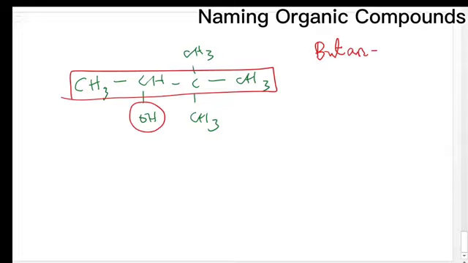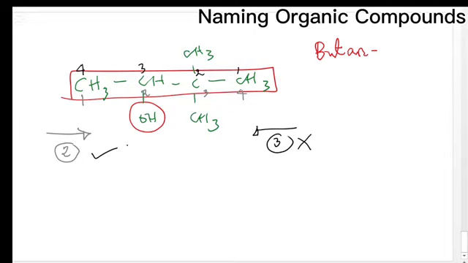If I take the position from left to right, this is carbon 1, carbon 2, carbon 3 and carbon 4, so my OH is on position 2. If I take the numbering from right to left, my OH will be on position 3. So I neglect this position and go for the other.